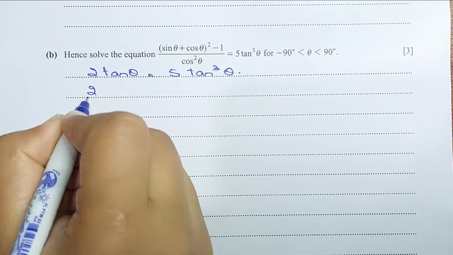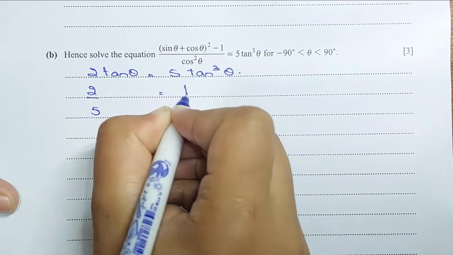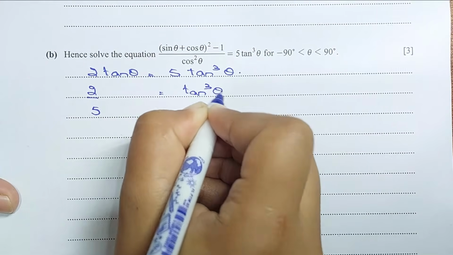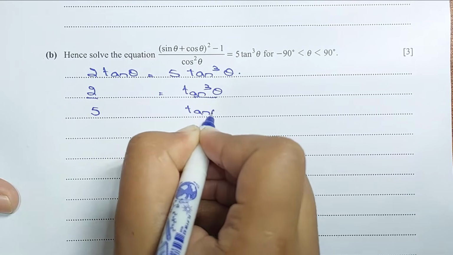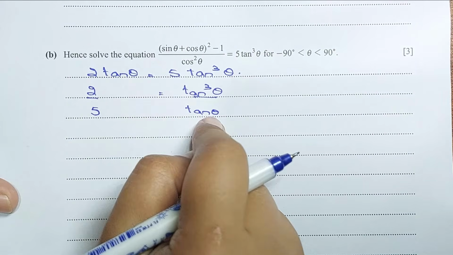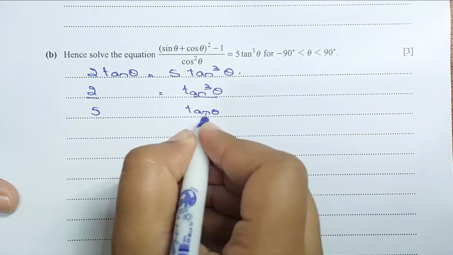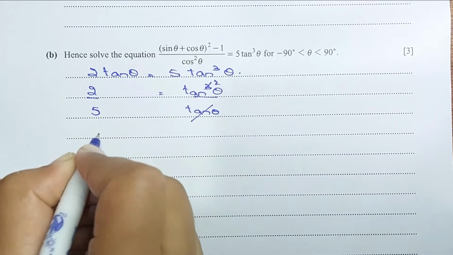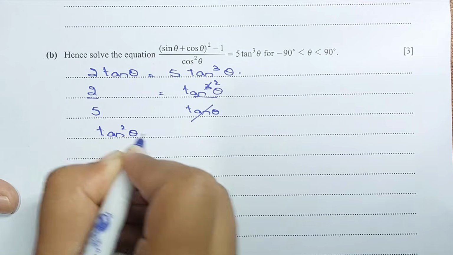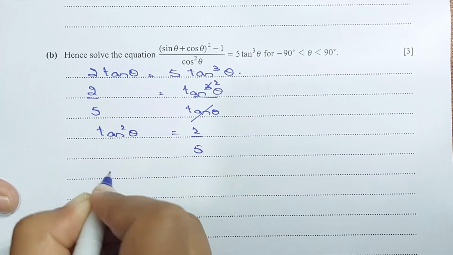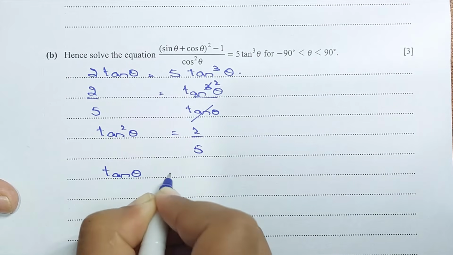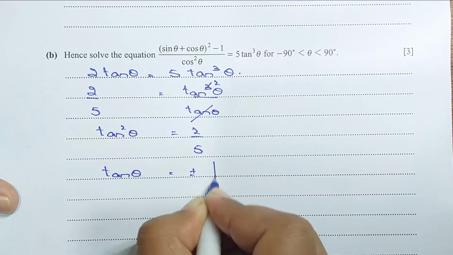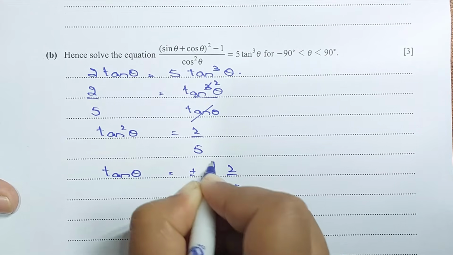So we can say 2 over 5 equals tan cube theta over tan theta. I did the cross multiplication, tan theta over here and 5 over here. So we can say tan square theta is equal to 2 by 5. And what is tan theta? Tan theta is plus minus square root of 2 by 5.